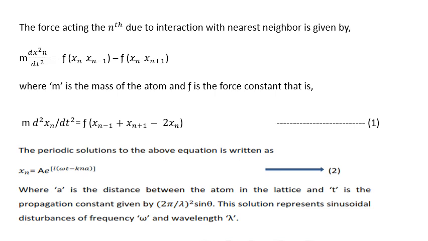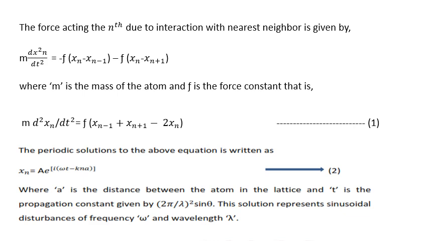Okay, ma equal to minus fx. This is the formula. When the vibration takes place, ma is equal to f into x. Okay, minus fx is the general formula. In some books it will be minus kx.